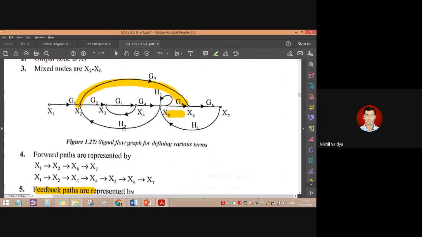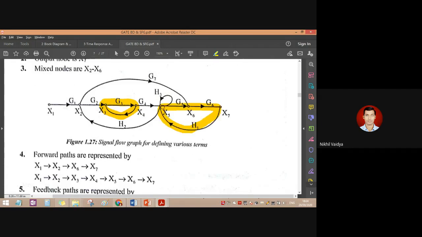Now see, there are two loops which are non-touching. If you say this is the loop and this loop, they don't have any common node in between. So this is one combination of two non-touching loops. Again, there is another combination with this particular loop and this loop.